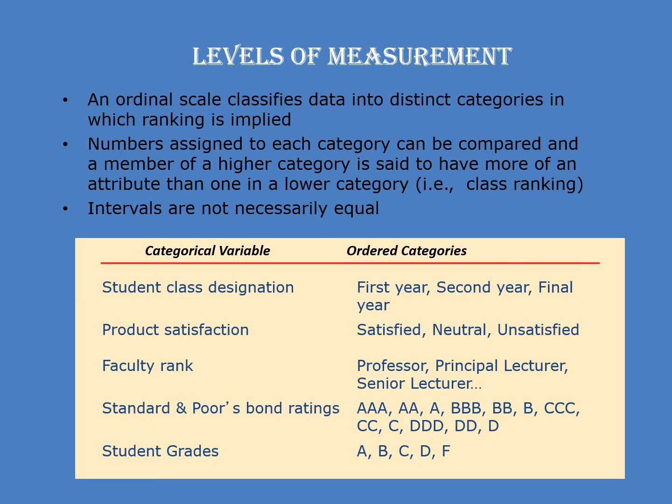So then on this slide, I'm going to give an overview of an ordinal scale, which classifies data into distinct categories in which ordering is implied, and then numbers or the ordering is assigned to each category, so that it can be compared, and a member of a higher category is said to have more of an attribute than one in a lower category.